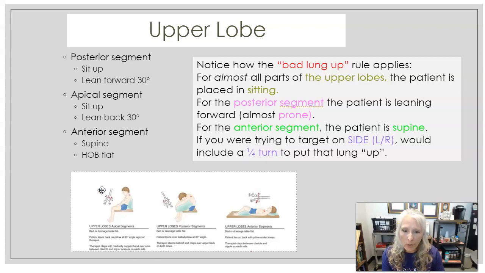Your book shows the person just in normal sitting for the upper apical segment, and for the upper lower segment, they slump forward in the supine position. And then for the anterior segment, you lay them in supine.